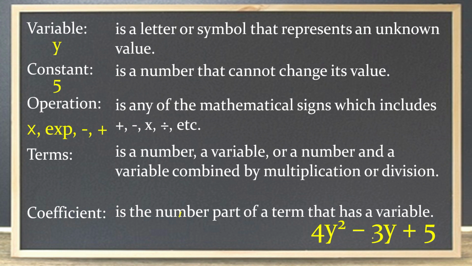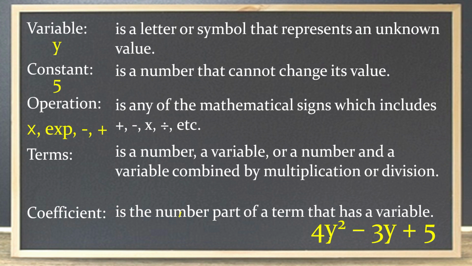So we have a different term here, minus 3 times y. Okay, so this is another term, and 5 by itself is another term. So in other words, within an expression, our terms are separated by either minus or plus. Okay, so in this expression, you have minus separating this term from this term, and you have plus also separating this term from this term.